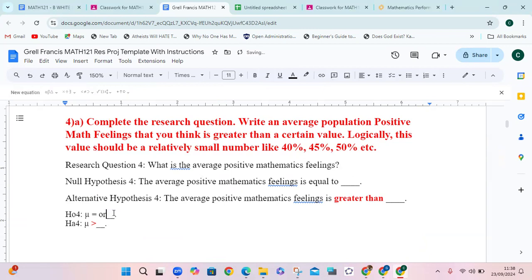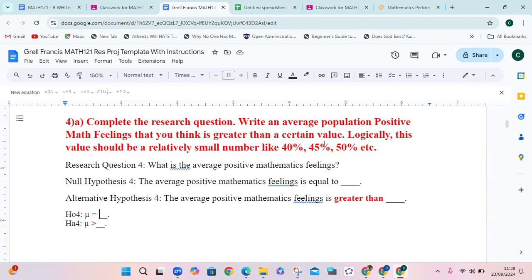Do you think that will be a big number? So think of a small number. A number like 40%, 45%, 50%.